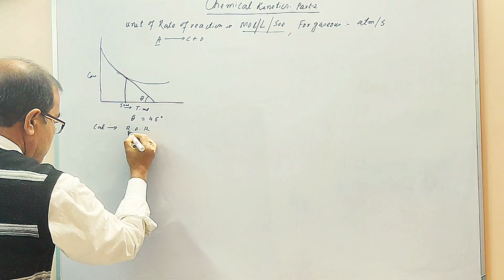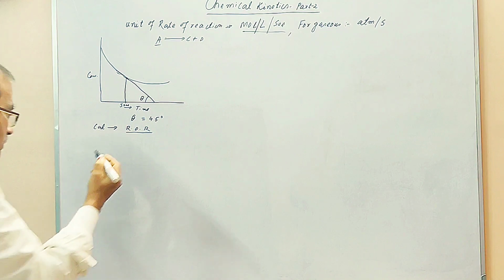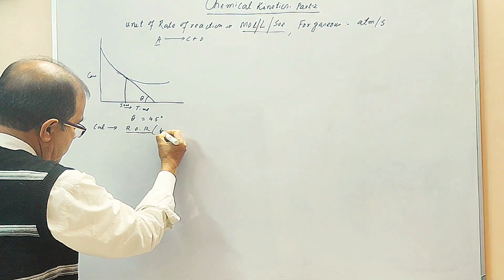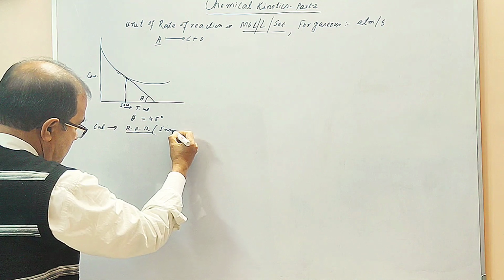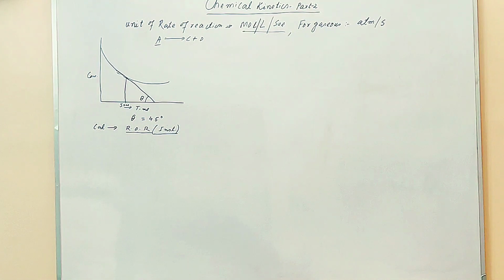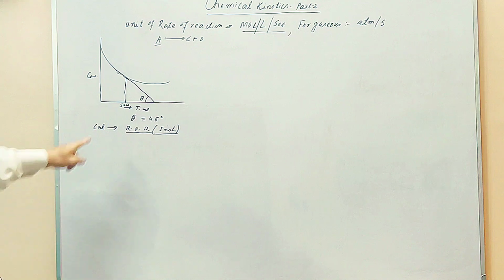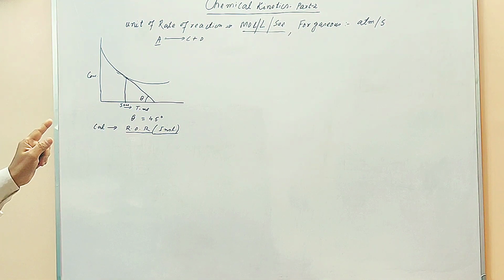ROR means instantaneous rate. How do we calculate it? You have been given the slope, this is theta. You have to calculate what will be the rate of the reaction at 5 seconds.